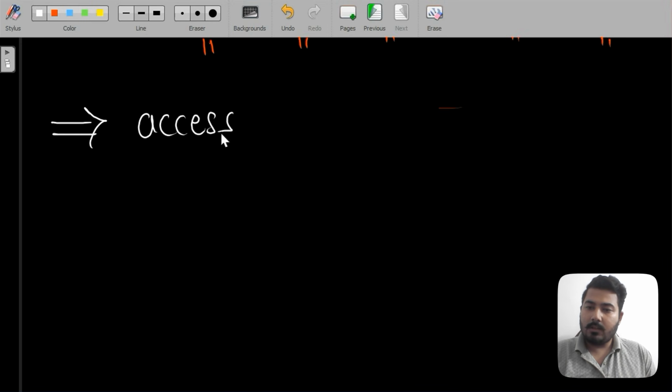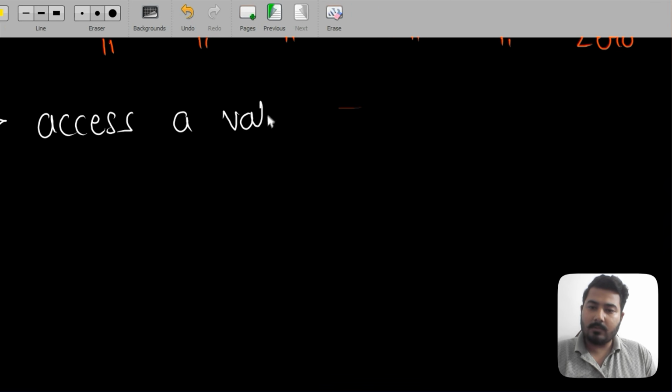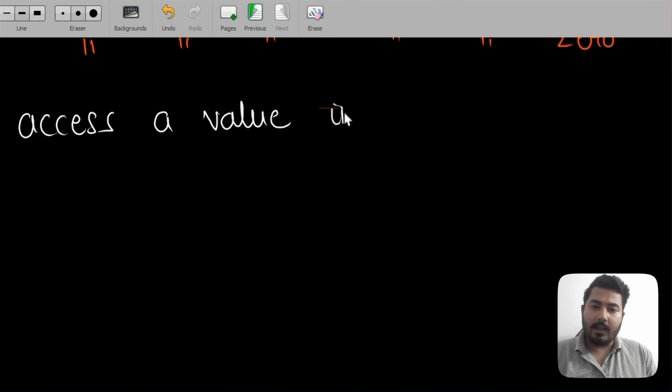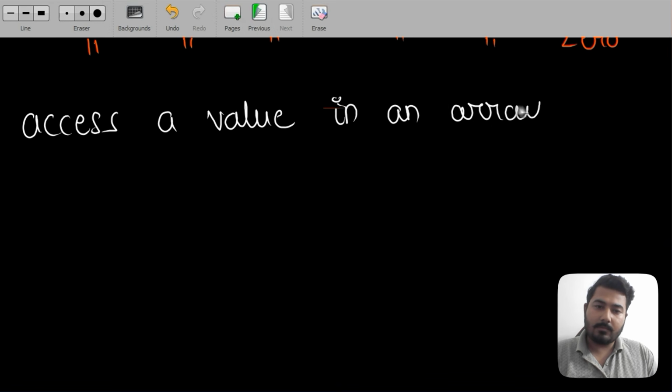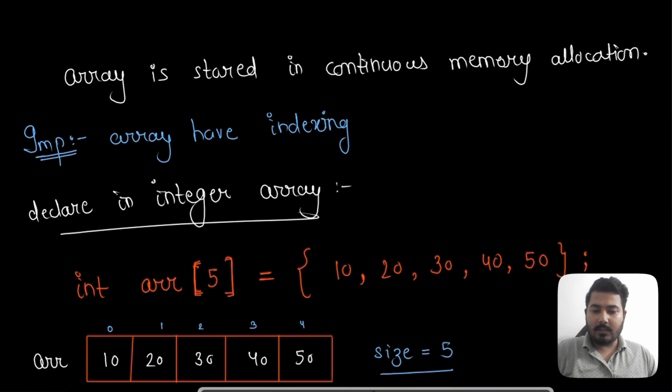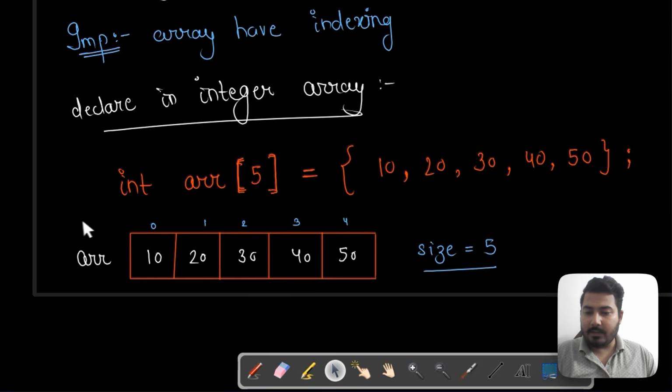Let's just say, first talk about how to access a value in an array. Let me just take example of this already built array.